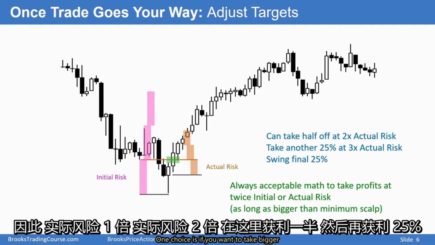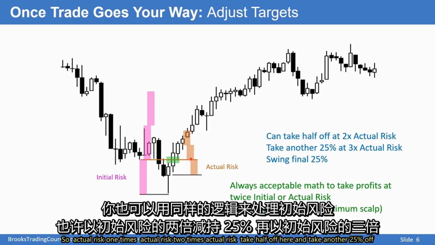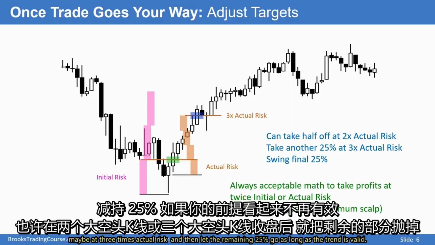One choice, if you want to take bigger profits, is maybe take half off at 2 times actual risk. So actual risk, 1 times actual risk, 2 times actual risk. Take half off here and take another 25% off maybe at 3 times actual risk, and then let the remaining 25% go as long as the trend is valid.